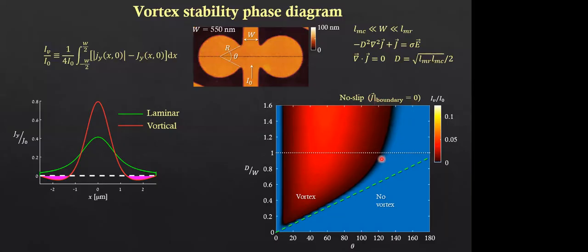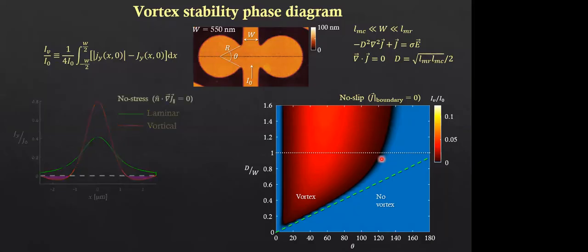One can have a different kind of boundary condition, which is called a no stress boundary condition, where the divergence of J parallel at the boundary, and the perpendicular component of that divergence, is 0.